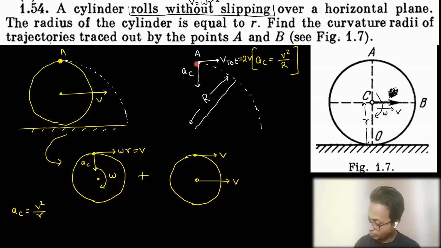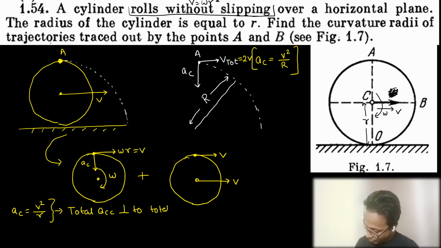Fortunately it is this value, a_c. This is also the total acceleration perpendicular to the total velocity at this instant, the total centripetal acceleration at point A.